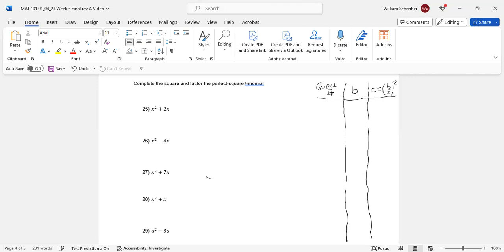Now we're going to put something for reference above our quadratic equations, and that's just the general form of the quadratic equation. The general form is ax squared plus bx plus c equals 0. Using this as reference, we can see what our b value is for each question.